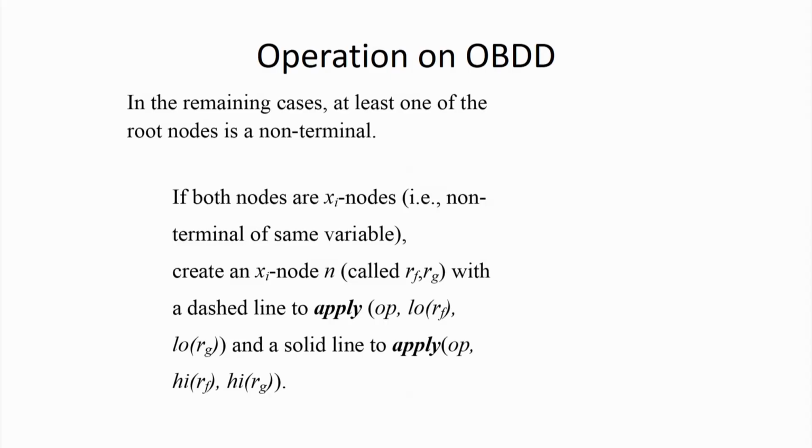If both nodes are xi nodes, that means both have the same variable xi and we are going to perform the operation over here.